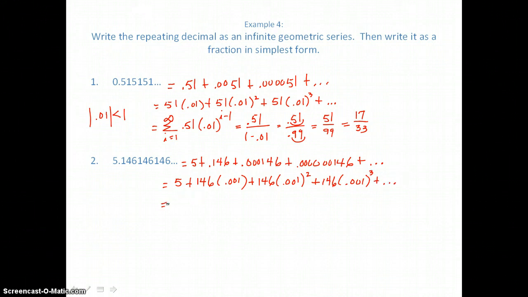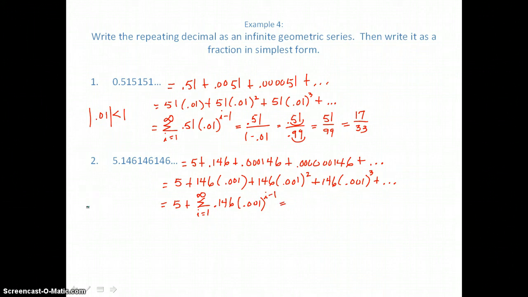Okay, and now I can write it using sigma notation as 5 plus the sum as i goes from 1 to infinity of a first term of 0.146 times a common ratio of 0.001 raised to the i minus 1 power.